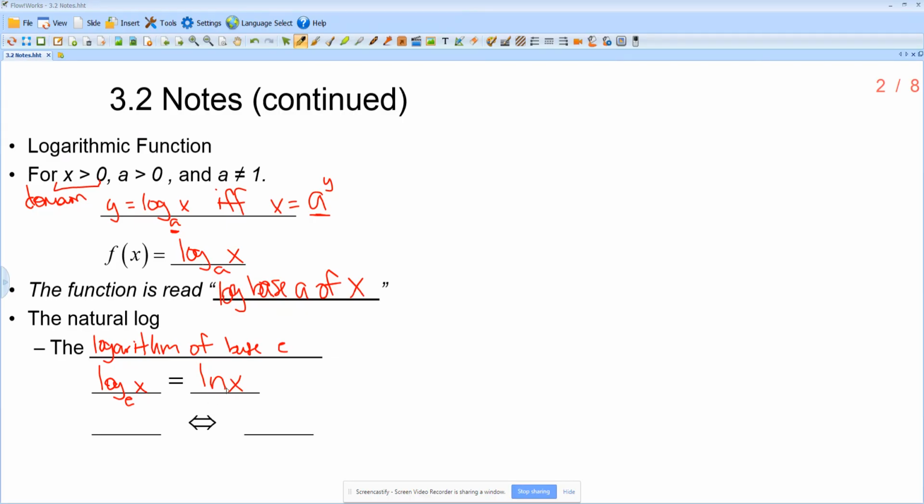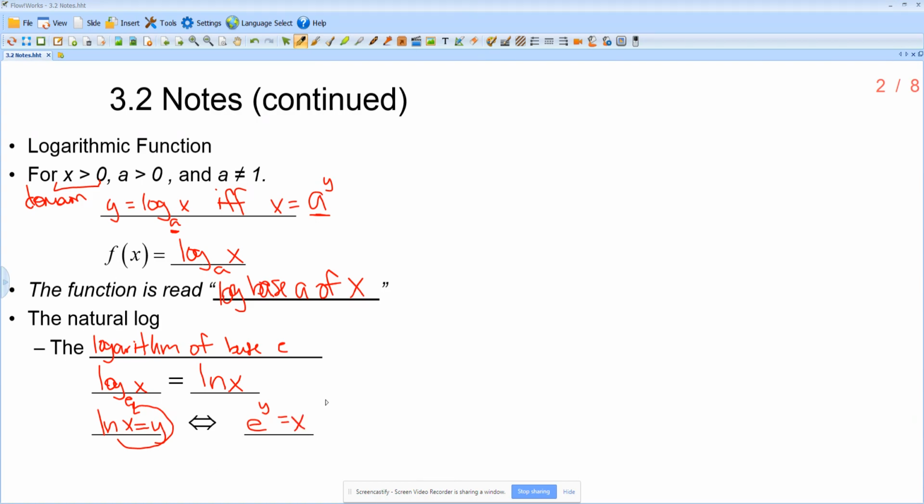So when we see that ln, that means natural log, and it's just log base e. What that also means is if you have natural log of x equaling y, to rewrite this into exponential notation you take that base and you go around in this circle. So the base here is e to the power of y is equal to x.